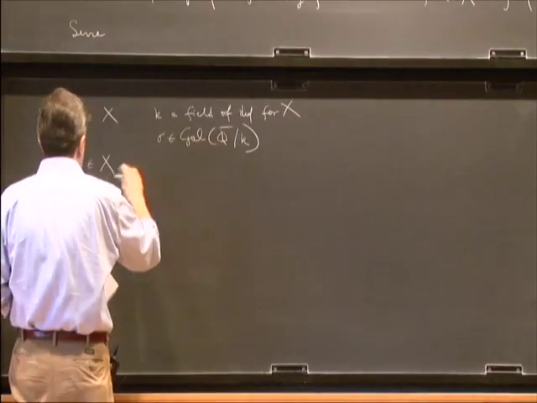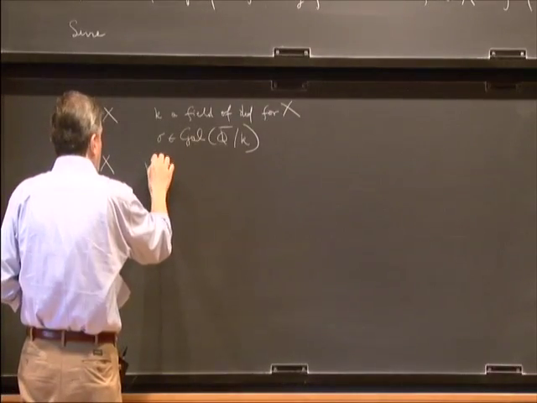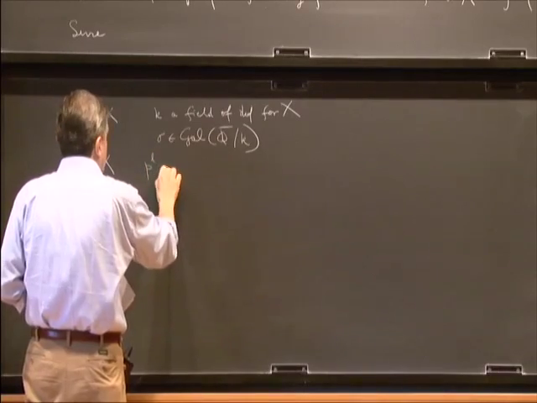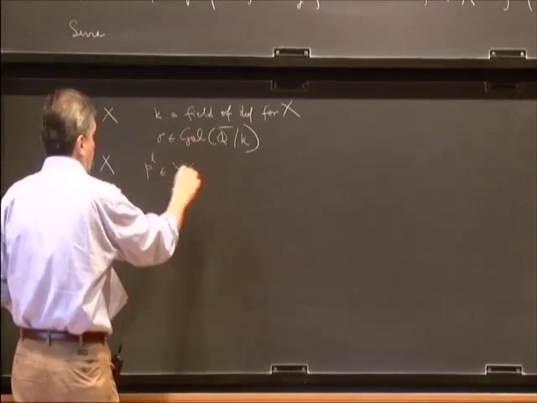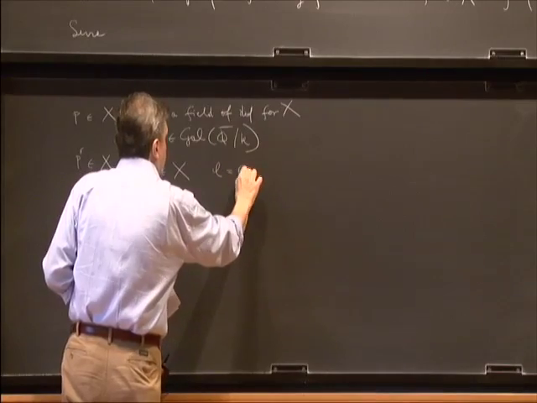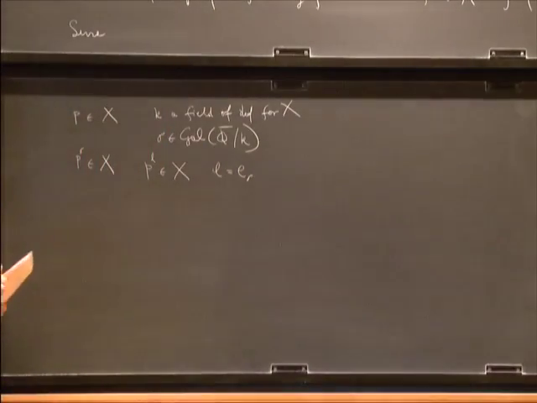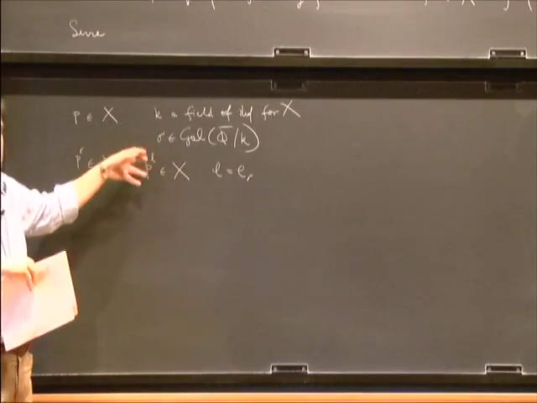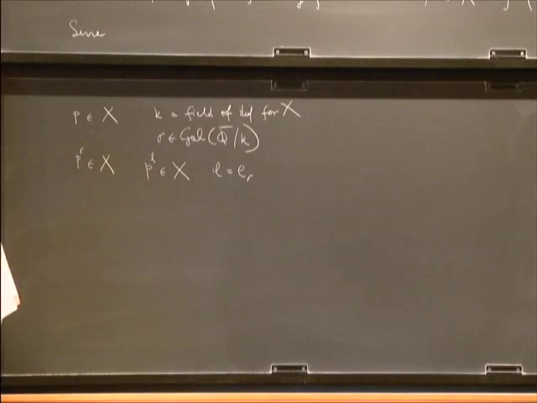Say that this power is L. So we have that P to the L also lies in X, where L is associated to sigma. And this of course means taking the power component-wise.